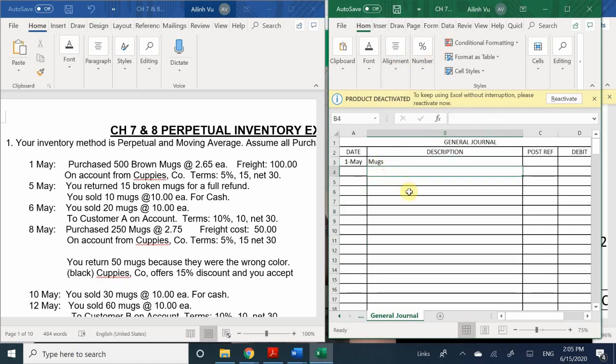Okay, so there's mugs, and then here is accounts payable. Okay, accounts payable. And then I'm going to also indicate a little description for me saying I bought these from Cuppies Co., with a comma. And they gave me a 5%.